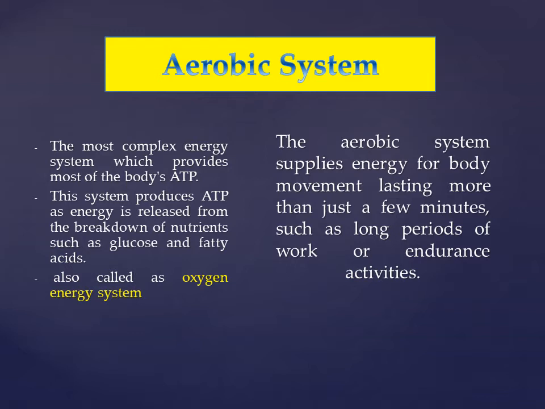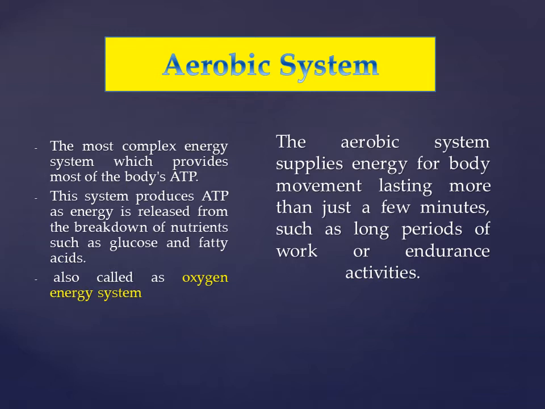In the presence of oxygen, ATP can be formed through glycolysis. This system also involves the Krebs or tricarboxylic acid cycle, a series of chemical reactions that generate energy in the mitochondria. What is mitochondria? It is the power plant inside the body cells.